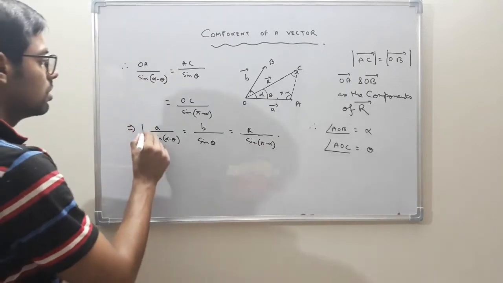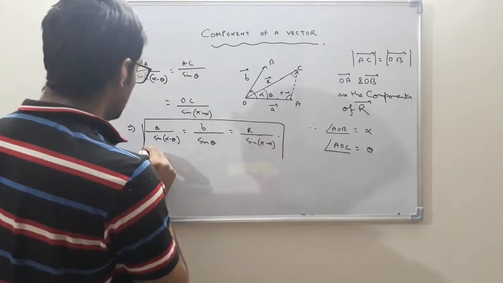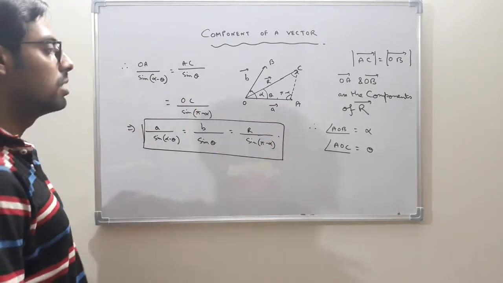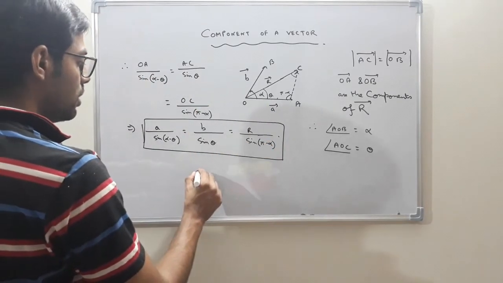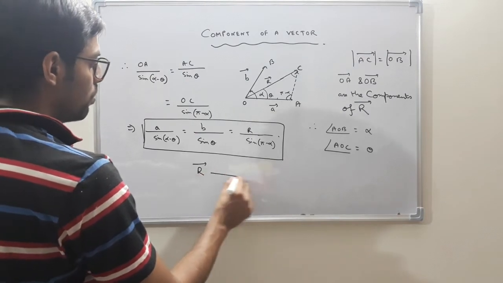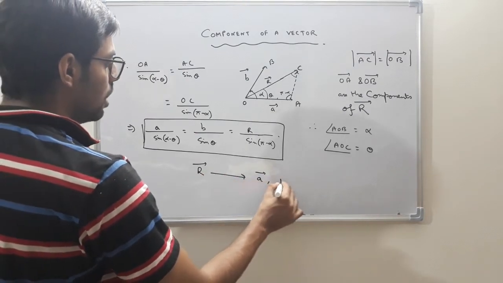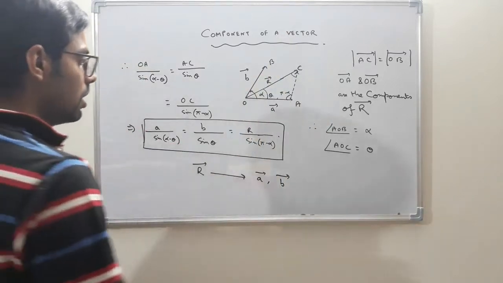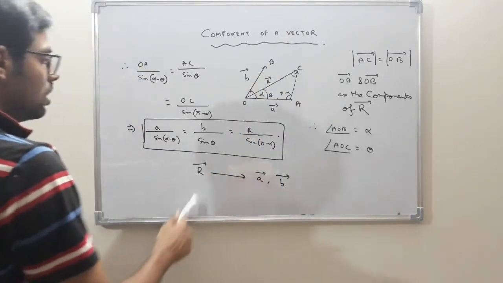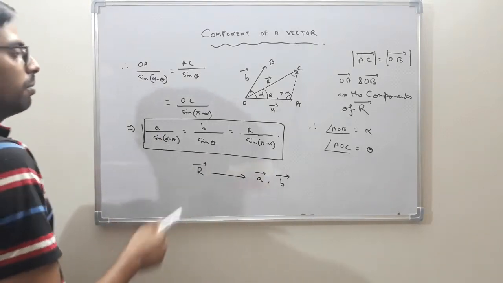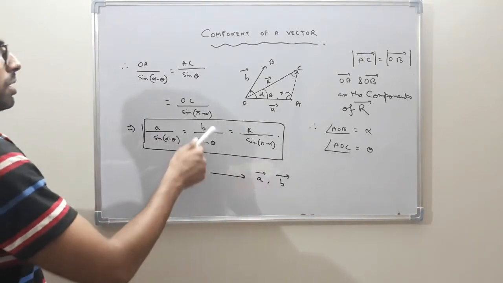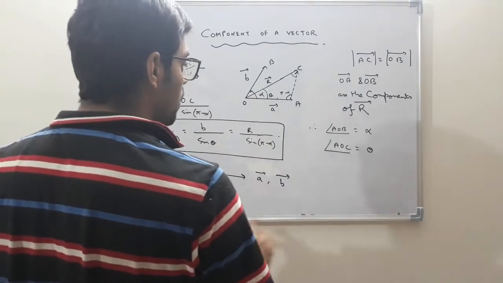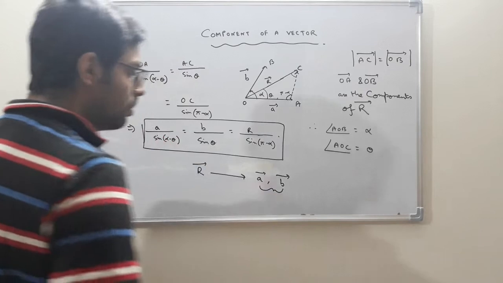This relation will always hold if the R vector has two component vectors, A vector and B vector, in the direction of OA and in the direction of OB. Then A by sine of alpha minus theta equals B by sine theta equals R by sine pi minus alpha, where alpha is the angle between A vector and B vector.